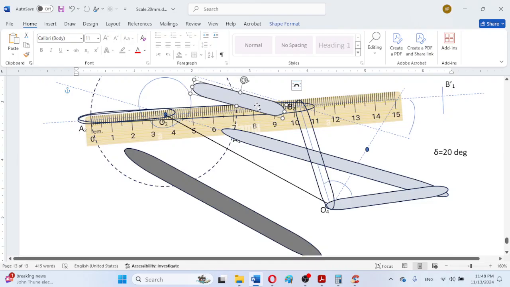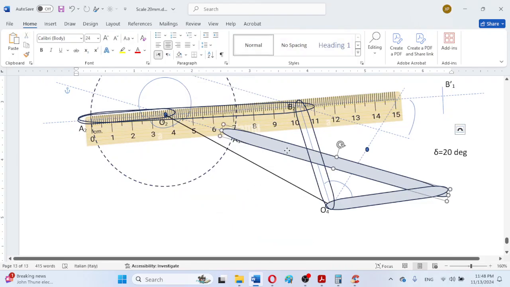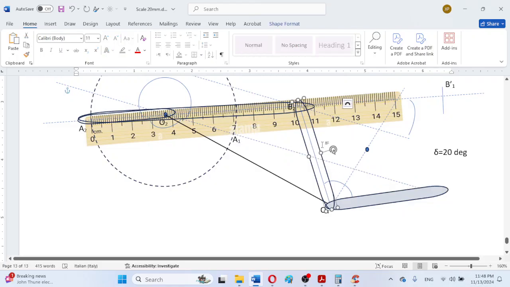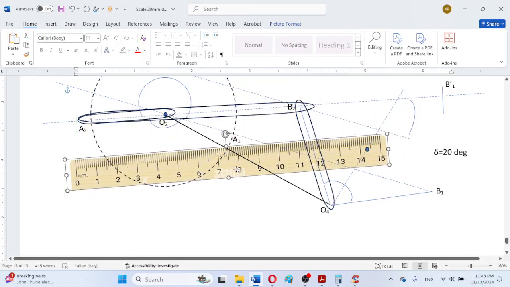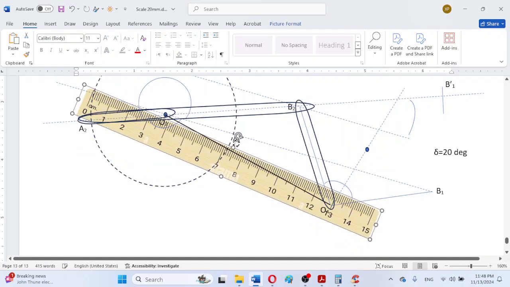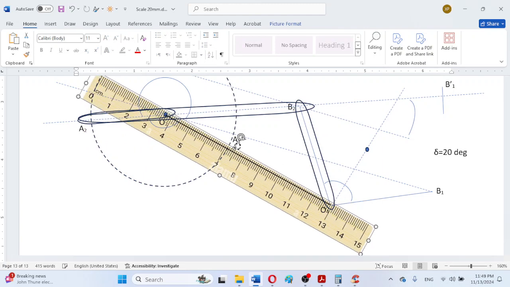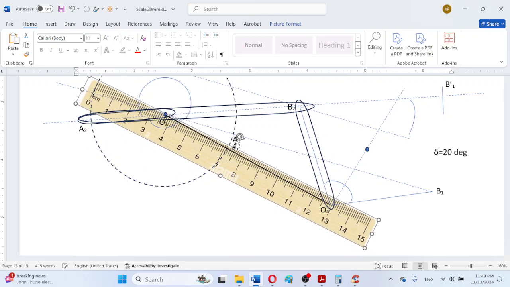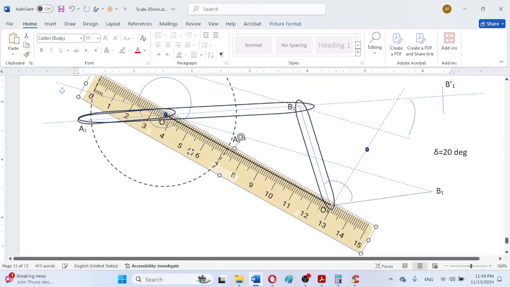I had just shown these shades, now I am removing them, because that makes no sense. So now measure this here.